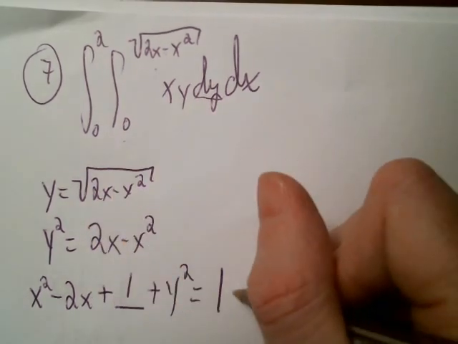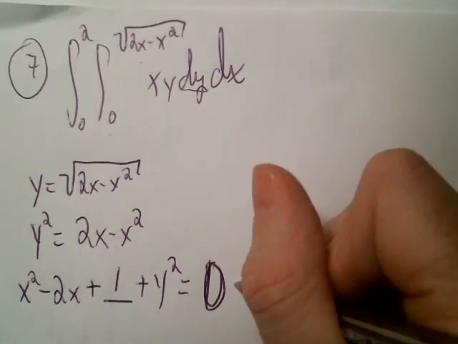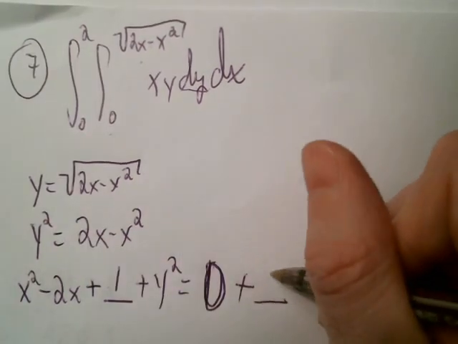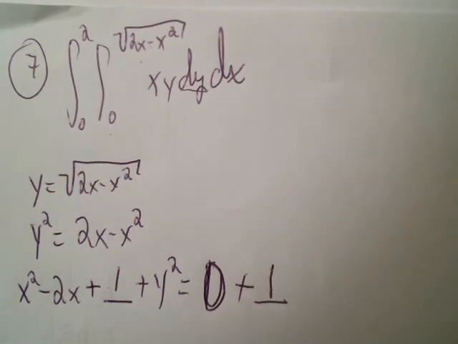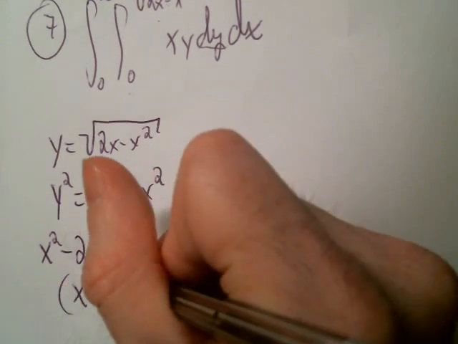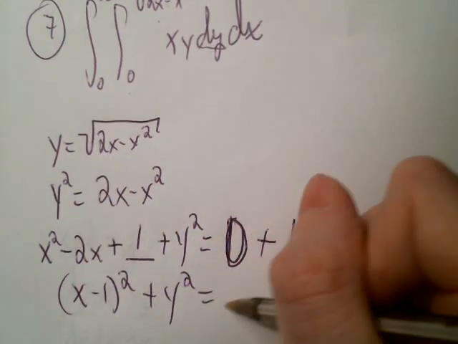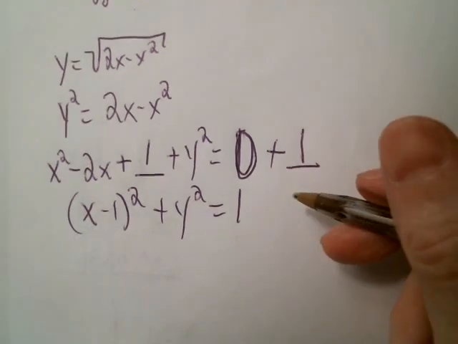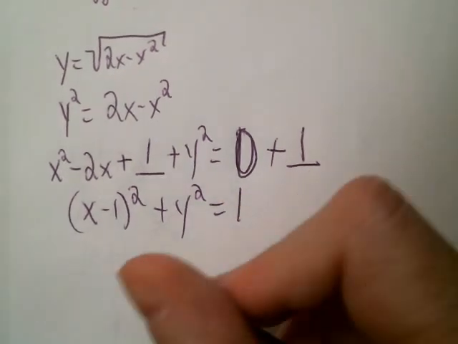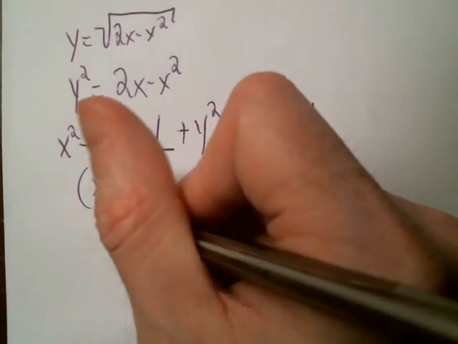If you add it on that side, you have to add it on this side. So on this side, you'll have x minus 1 squared when you factor that, plus y squared, and that equals 1. So it's a circle, radius 1, shifted to the center 1, 0.